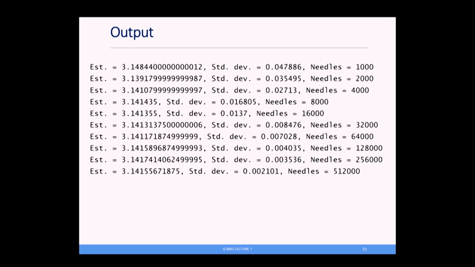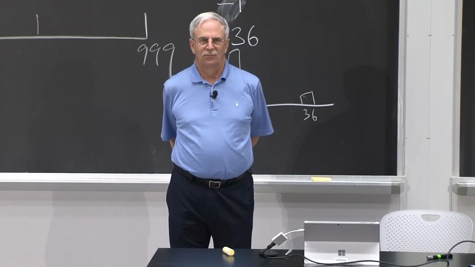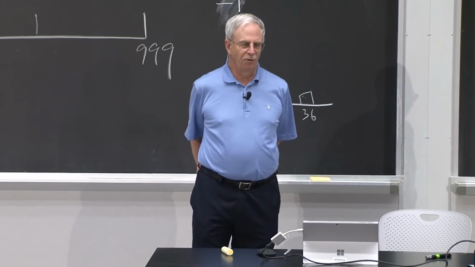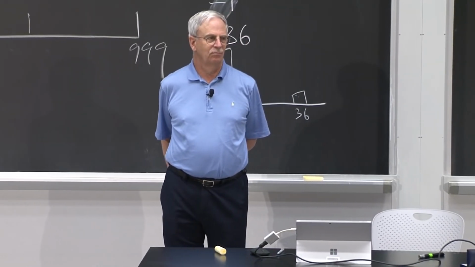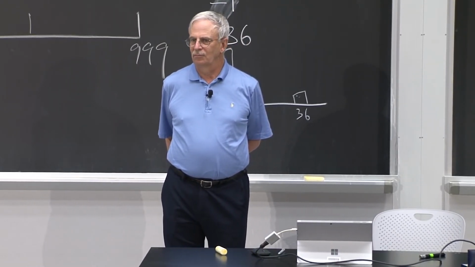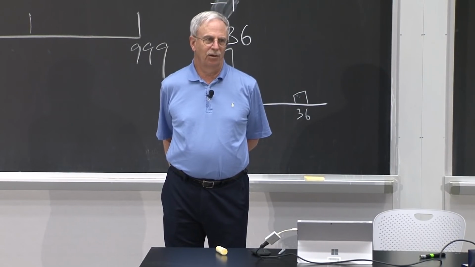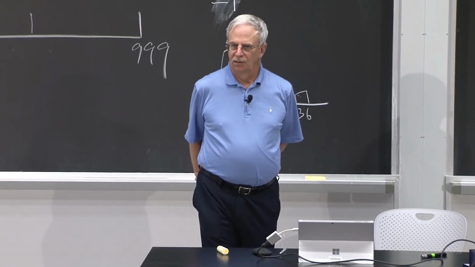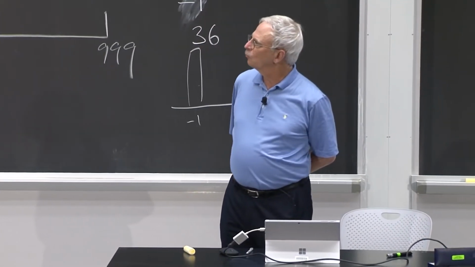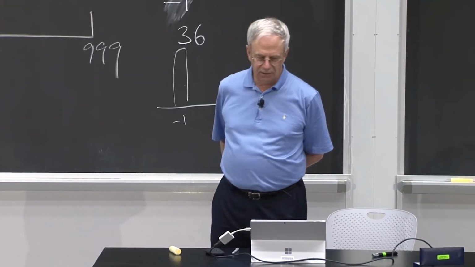You'd like to think as I add more needles, my estimates are getting more accurate. So that's question one. Are they getting more accurate? Not monotonically, right? If we look at it, where are they getting worse? Well, let's see.